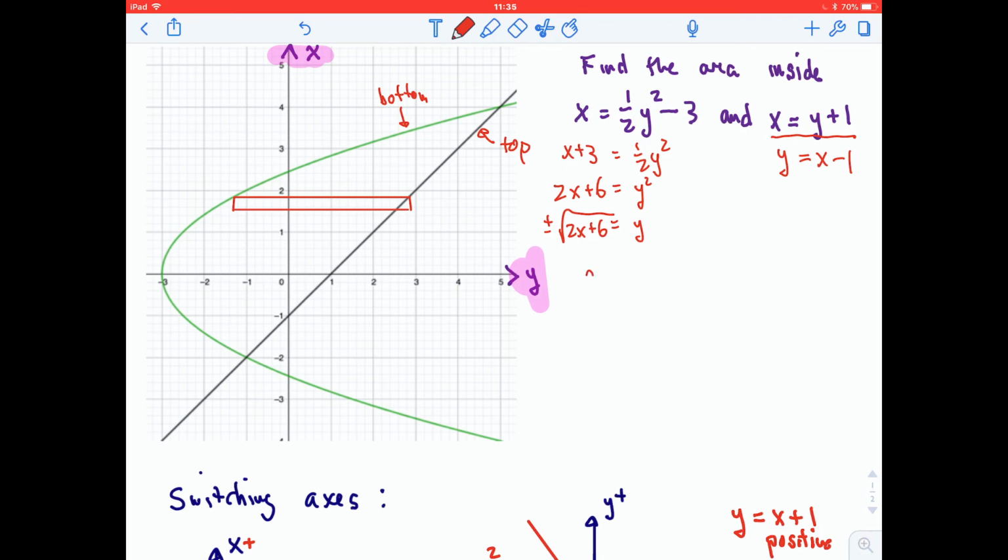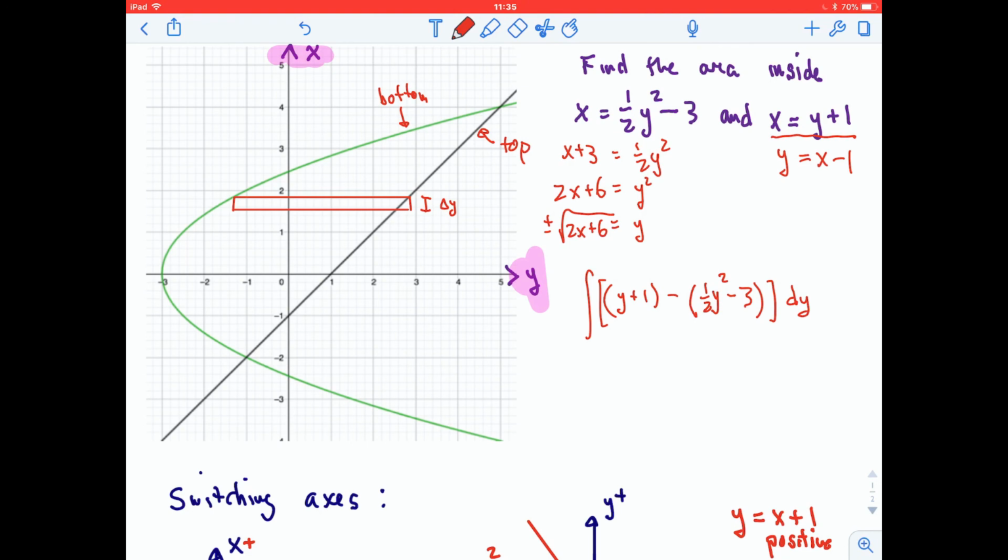So this means that we can find this integral by taking a top function, and that is x equals y plus 1, and subtracting the bottom function, which is 1/2 y squared minus 3. We do all of that. We're integrating, this time not dx, because this change right here is a delta y. So this is going to be integrating with respect to y.